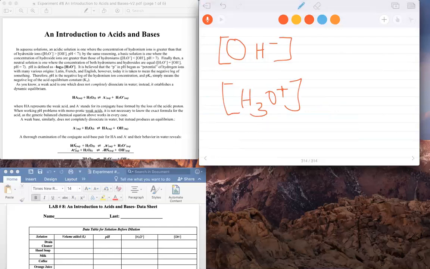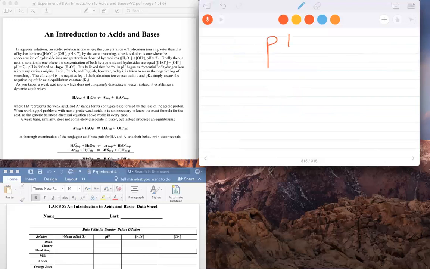Apart from using that, we also use the pH. pH is a scale used to determine whether a solution is an acid or a base, and it ranges from 0 to 14, where the middle one is considered a neutral solution, a pH of 7, neutral.